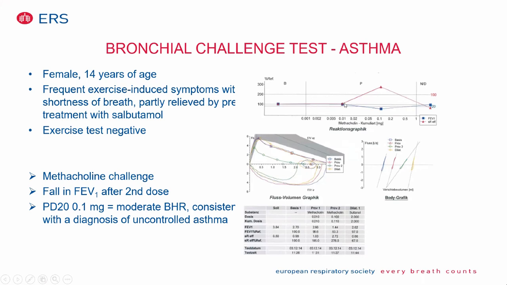And here is the corresponding change in airway resistance. Here you have the flow volume curve, which directly gives you the same information. And there's a clear positive bronchial challenge after the second dose with a significant fall in FEV1, with the PD20 calculated at 0.1 milligram, and that is equivalent to moderate bronchial hyperresponsiveness consistent with a diagnosis of asthma in this patient.